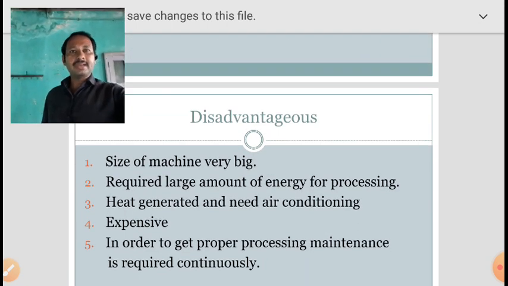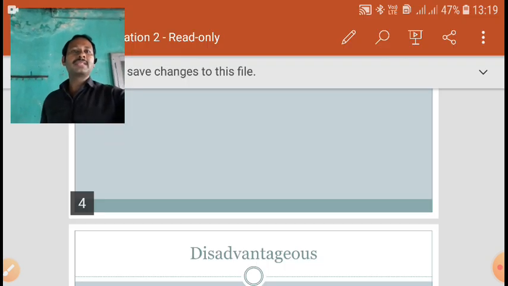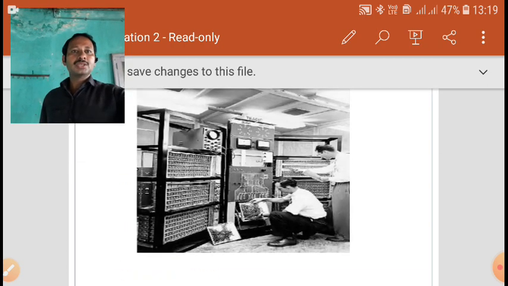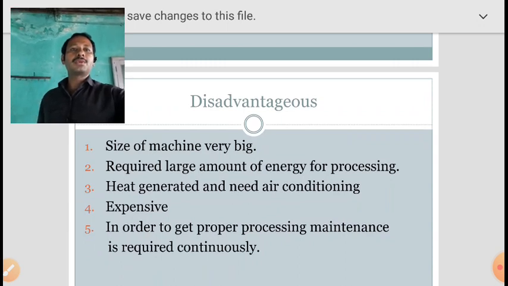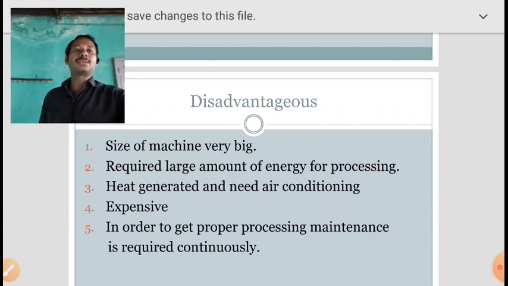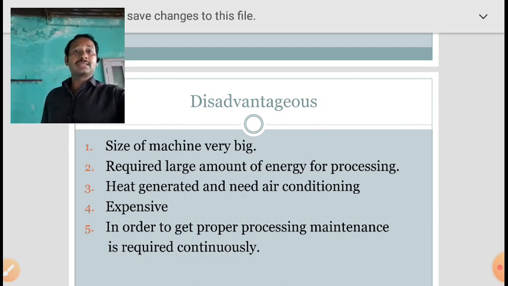And there are some disadvantages of the first generation computer. The size of the machine was very big, obviously, look at that image, and it required a large amount of energy to process. Any process on the first generation computer required a lot of energy to complete. The heat generated needed an air conditioner, because the first generation burned a lot of heat, so an air conditioner was set to control it.